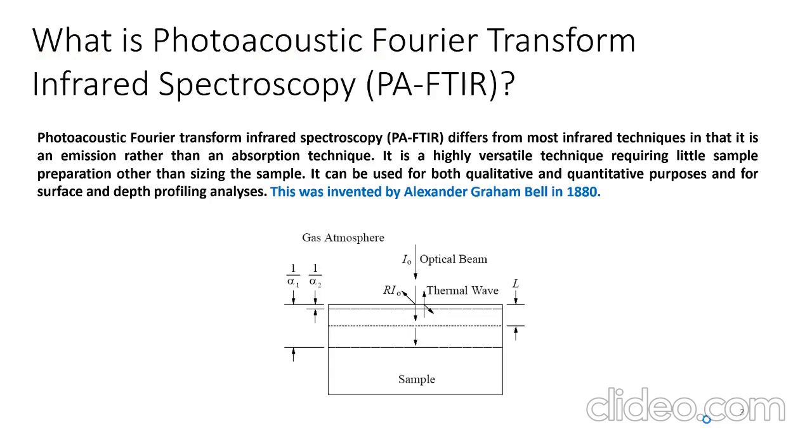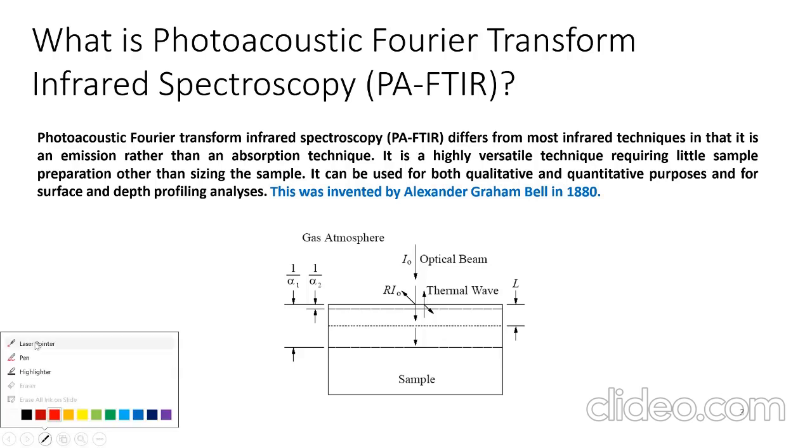So it requires a photoacoustic wave generator. For that, we need a chopper which can modulate the radiation of the light. So the intensity will vary, as you might have known.